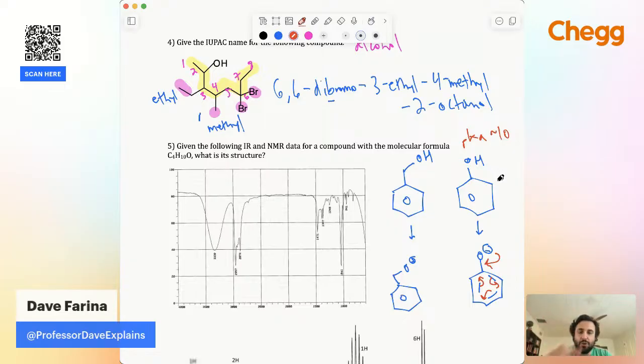But the difference is the incredible amount of resonance, right? So this negative charge can be distributed around the entire molecule. It's quite diffuse. So that's just what I think of off the top of my head. I don't know what examples you're thinking of, but usually it's ones where the resulting conjugate base is heavily resonance stabilized through the aromatic ring versus not.